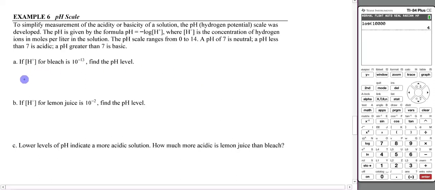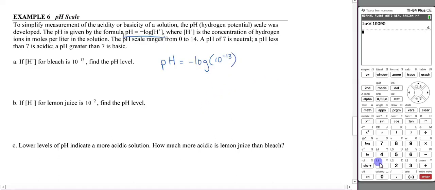Now, if the hydrogen ion concentration in moles per liter for bleach is 10 to the negative 13, let's find the pH level. So we're going to use this formula that they've given us and solve for the pH. pH is negative log of 10 to the negative 13.